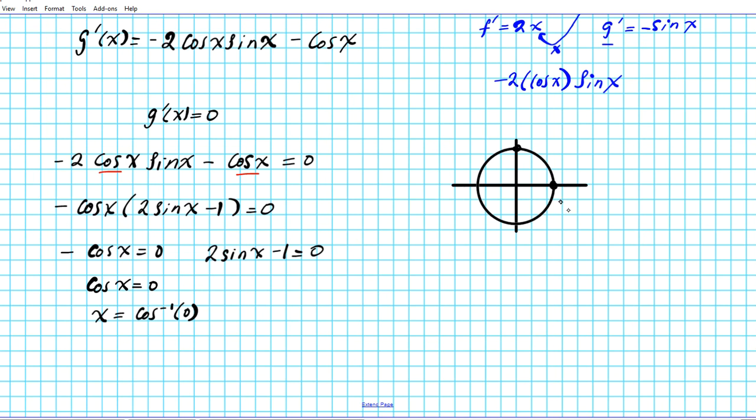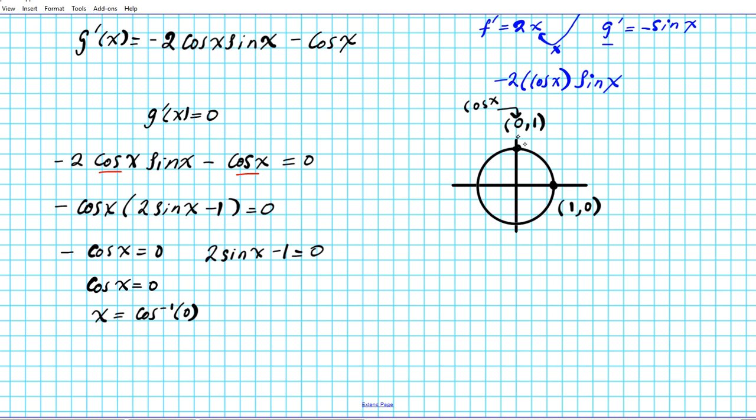Starting from this point on the unit circle, this is (1, 0). For 0 degrees on the unit circle, cosine is 1. We're looking for the angle that gives us 0. When we go a quarter of the way around, this is (0, 1), and this is your cosine right here.